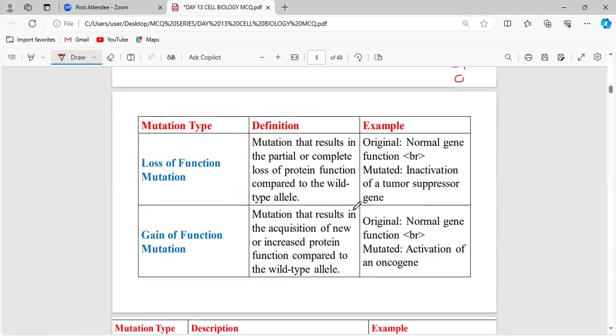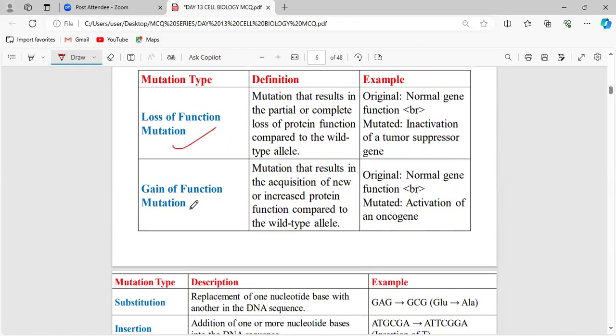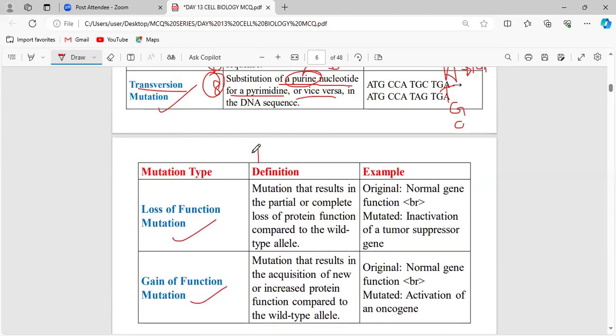And one of the most important things you have to remember is what is a loss of function mutation and what is a gain of function mutation. Here, in case of loss of function mutation, see, we have the allele concept, right? For example, this is the height, tall gene.